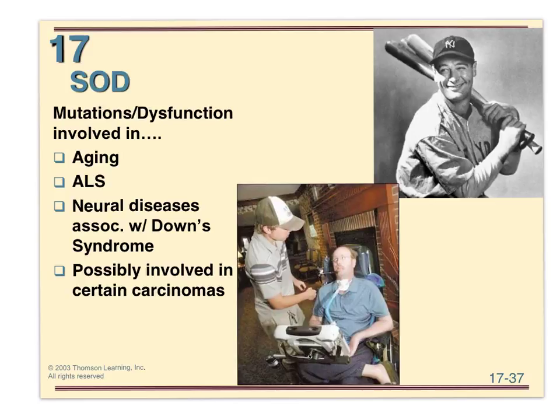So, does anyone know what happens with ALS? There's actually a very famous person who's had ALS now for like 30 or 40 years, and has never died. Most people die fairly soon. I just forgot his name. He is a theoretical physicist.